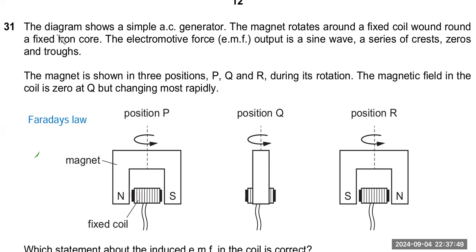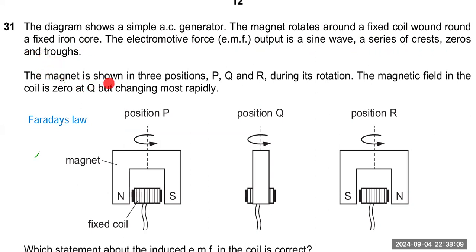The statement is that the diagram shows a simple AC generator. The magnet rotates around a fixed coil wound around a fixed iron core. The electromotive force EMF output is a sine wave, a series of crests and troughs.